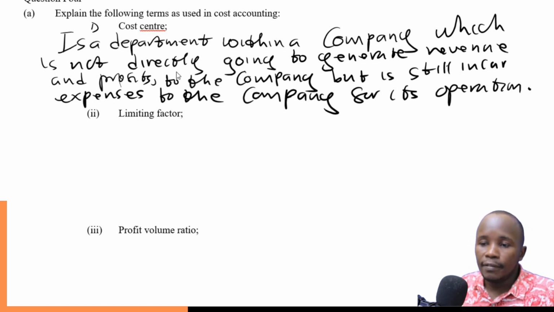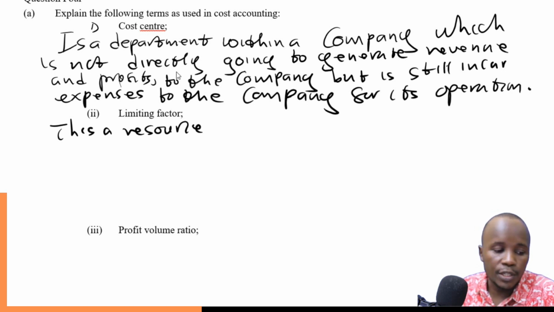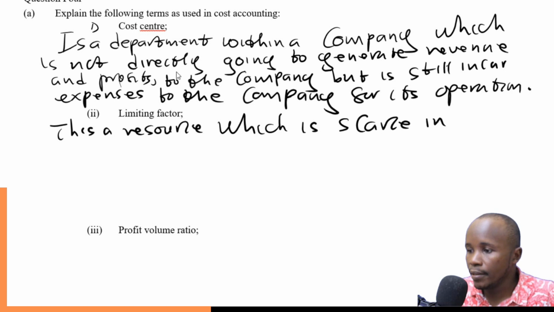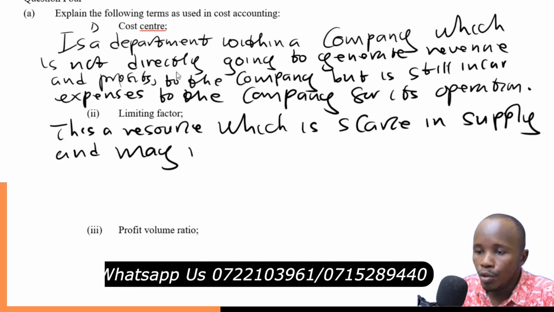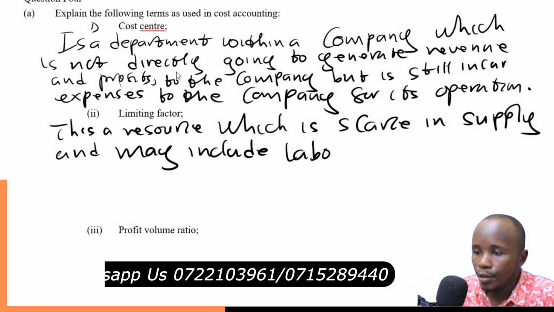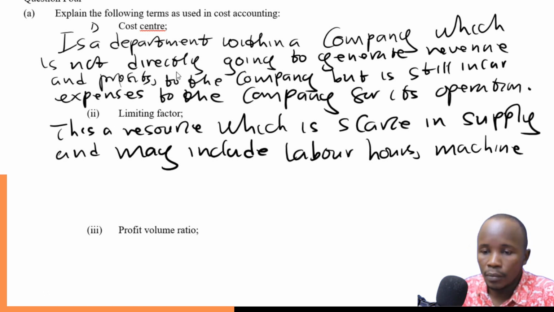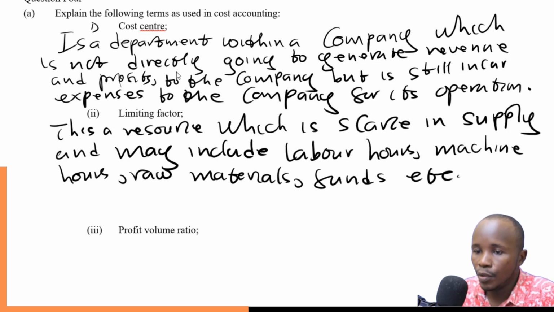Next is, what is a limiting factor? You're supposed to explain what is a limiting factor, and this is a resource which is scarce in supply and may include labor hours, machine hours, raw materials, funds, etc. It is a limiting factor because it limits the performance when it is in shortage.